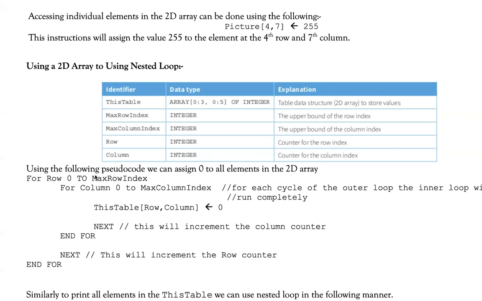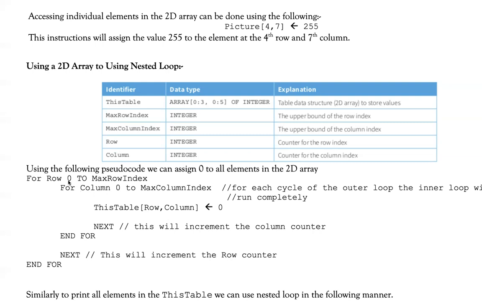As mentioned before, a nested loop is actually a loop that has a loop inside it. So basically, my outer loop runs once, and in that one iteration, the inner loop is exhausted completely, and all of its iterations are run. So for example, for my row 0, I will run the column from 0 to the max column index.